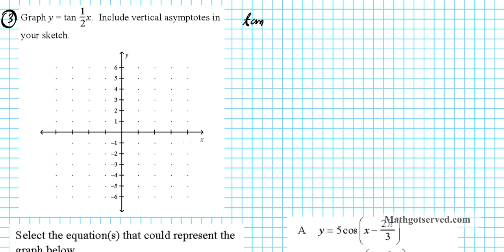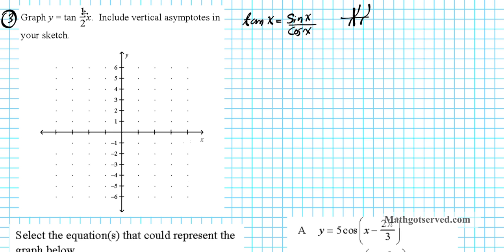Okay, so we know that tan x is equal to sine x over cosine x. So cosine basically tells us where the asymptotes of tan are. And we also have to recall that the tan function goes from negative infinity to infinity at every period. All right?